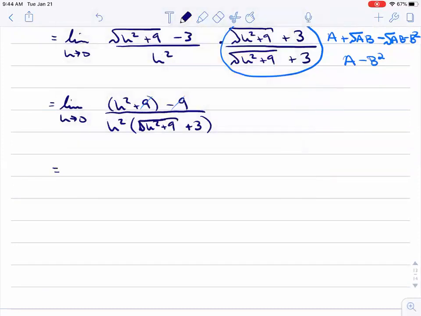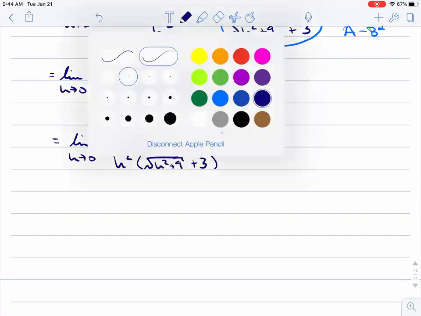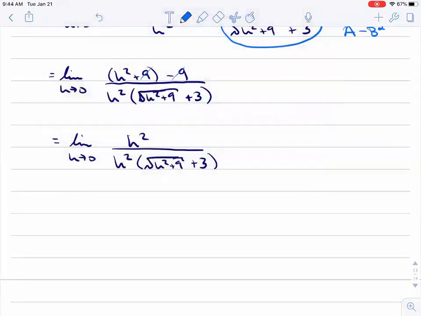And we can clean this up a little bit and say, the limit as h goes to 0 of h squared over h squared times the square root of h squared plus 9 plus 3. Well, these h squareds can cancel, because I'm multiplying in the denominator. That was a combo. Denominator, numerator, denominator. Keep you on your toes.